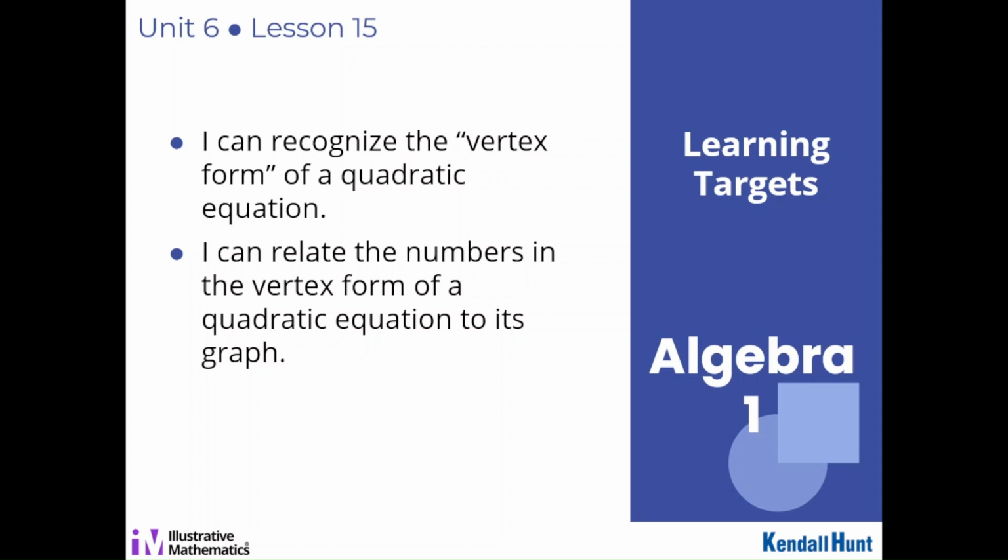Now they're wanting you to be able to look at the vertex form and pull your x and y coordinates of your vertex right out of the equation that is in vertex form.